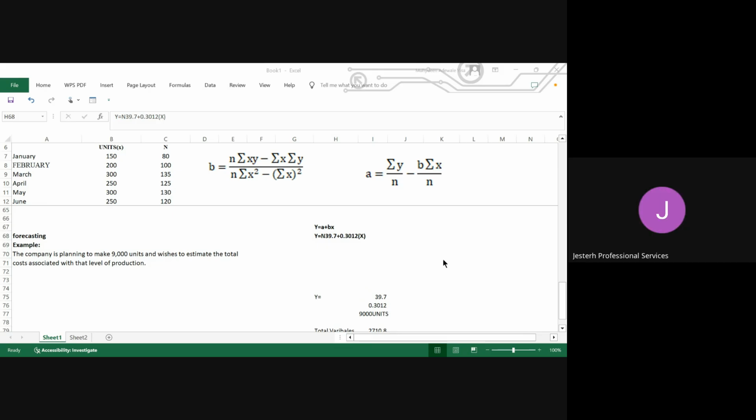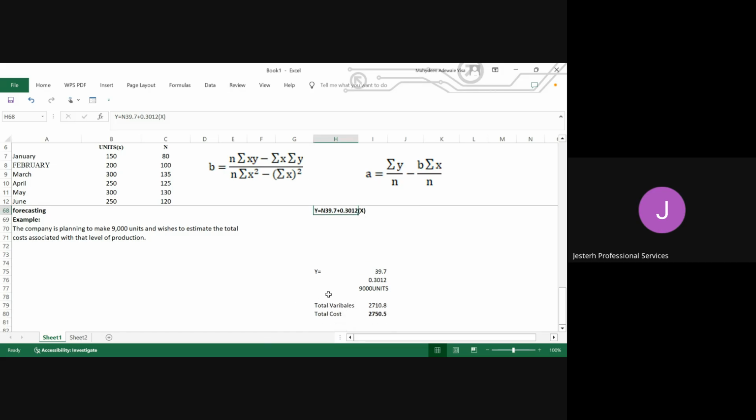The first thing you have to do is know the total variable cost. If you are with a calculator, multiply 9,000 by 0.3012. The 0.3012 is our variable cost per unit. It is going to give you total variable costs, which is 2,710 naira 0.8 kobo.